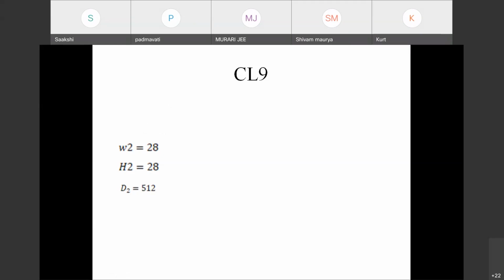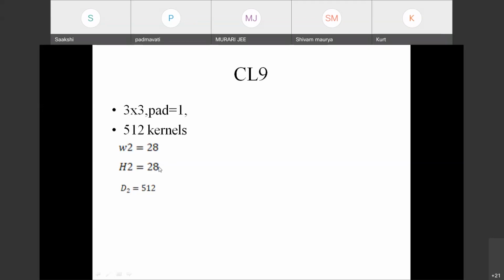The next layer is again convolutional layer. Input is whatever output of the previous layer, that is 28 cross 28 cross 512 is the input for this particular convolutional layer, and with a number of filters 512, I will be applying 3 cross 3 filter.